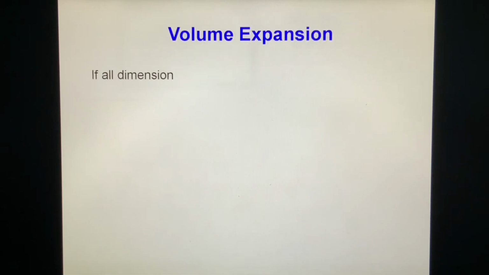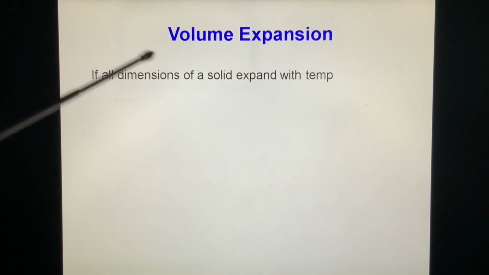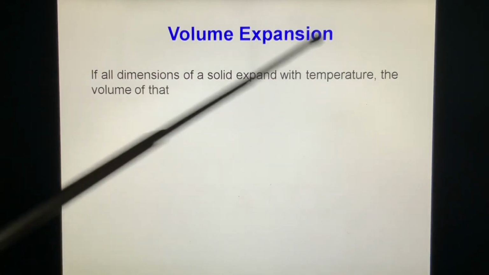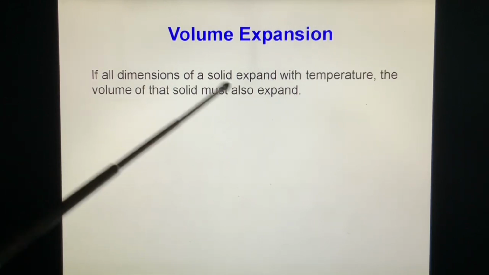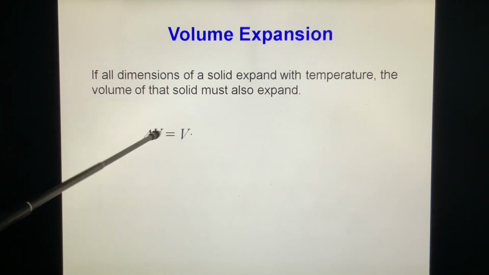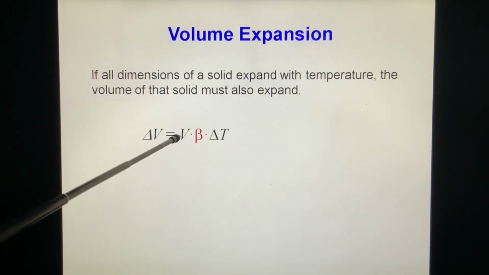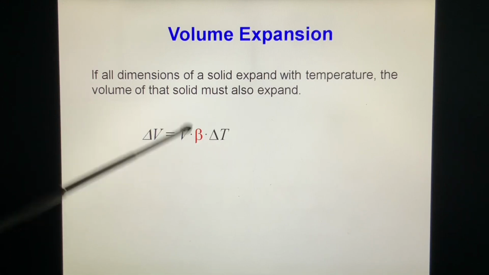Volume expansion. If all dimensions of a solid expand with temperature, the volume of that solid must also expand. Delta V is proportional to V, delta T, and a constant beta.